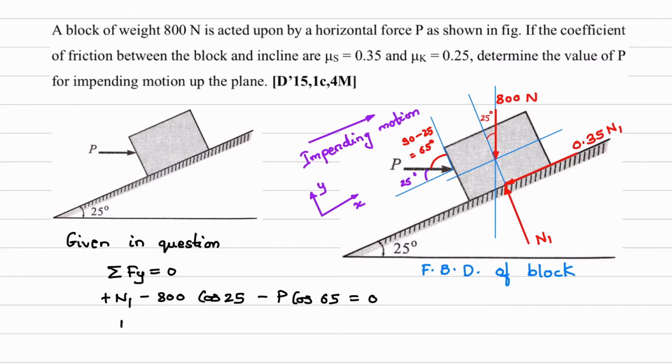So N1 is equal to 800 cos 25 plus P cos 65.